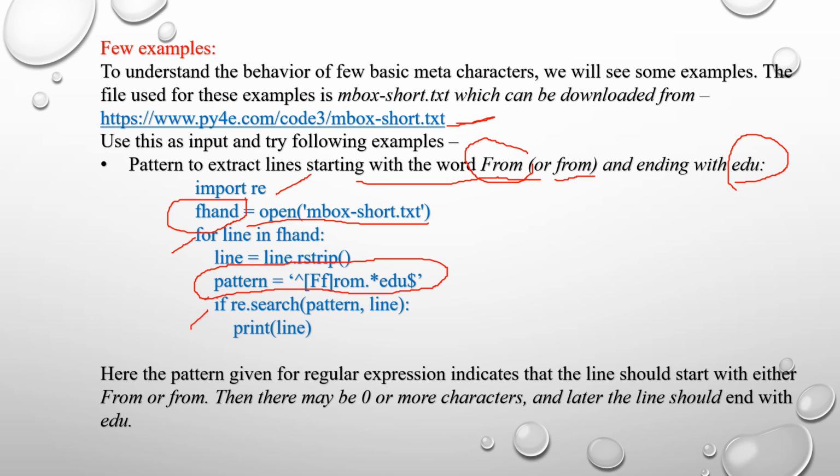Here I am declaring one condition: if re.search(pattern, line), then I am going to print the line. The pattern given for the regular expression indicates that the line should start with either From with uppercase F or from with lowercase f, then there may be zero or more characters, and the line should end with edu.